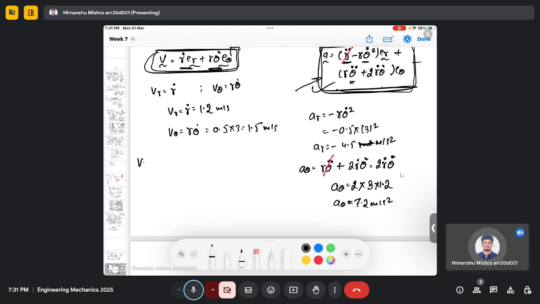So my magnitude will be 1.2 squared plus 1.5 squared.